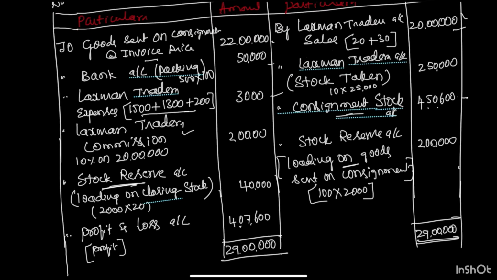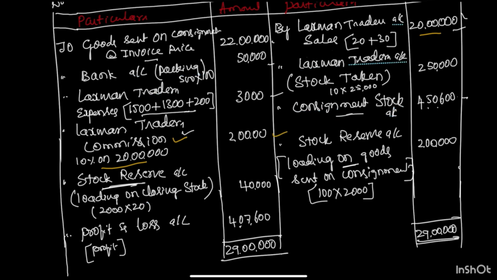And the next entry is Lakshman Traders, related to commission due 10% on the total sales. The total sales is 20 lakhs, so 10% on 20 lakhs becomes 2 lakhs.